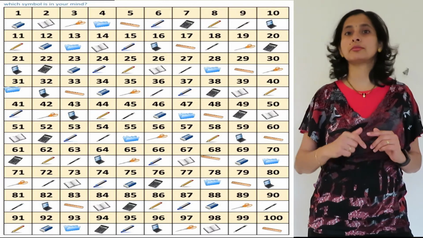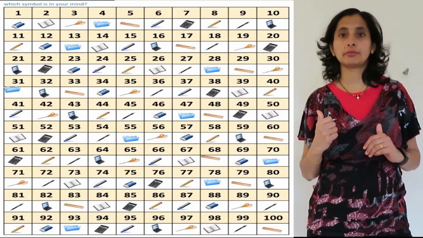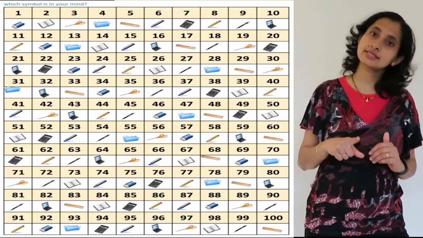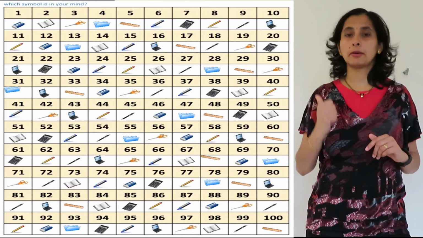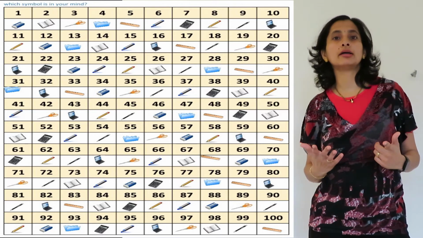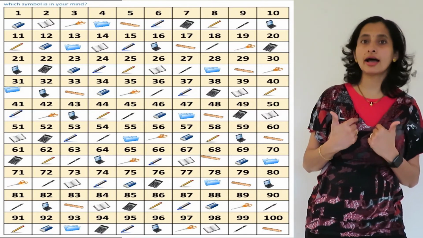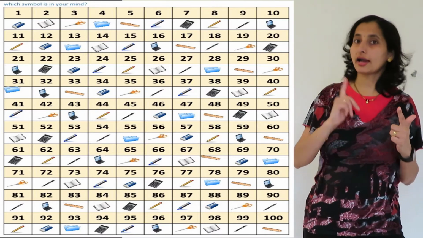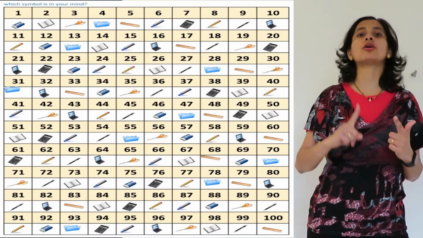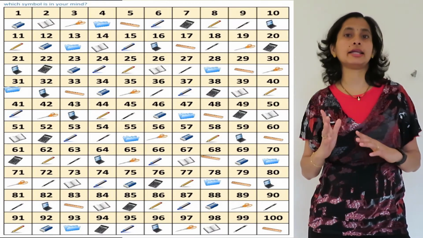Remember this number. Find your magic number in this table and concentrate on the symbol below the number. For example, if I got the answer 7, then I want to concentrate on the symbol calculator.